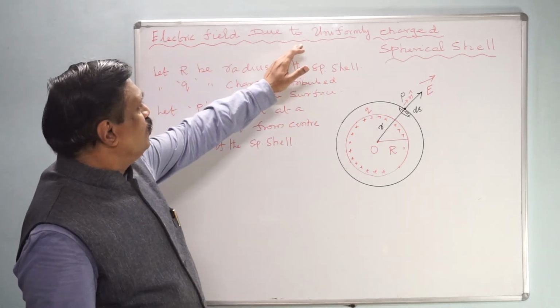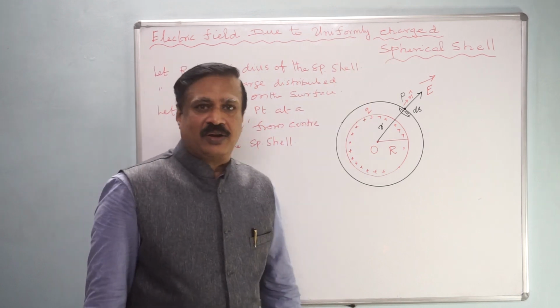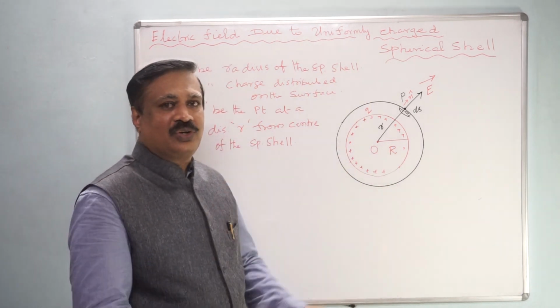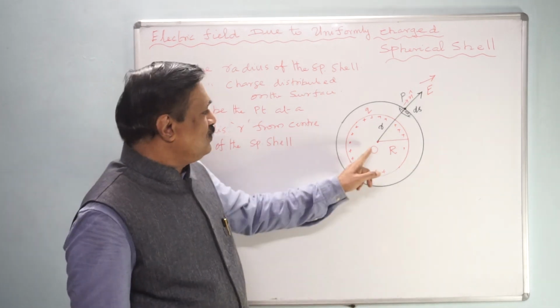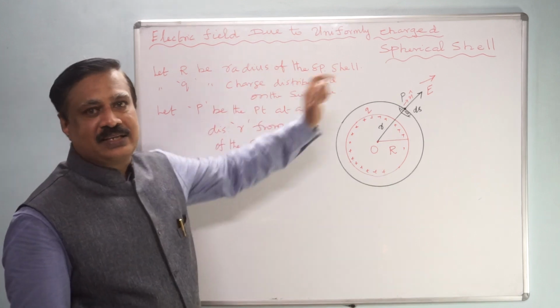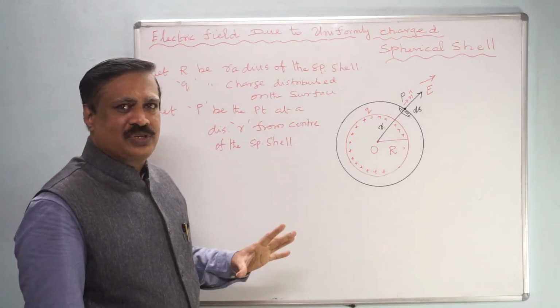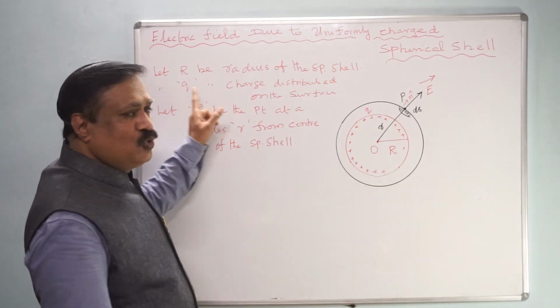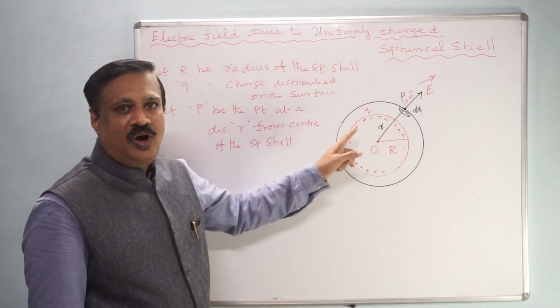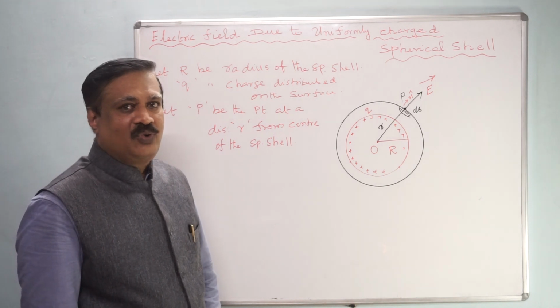Now see, a uniformly charged spherical shell. This red circle is the uniformly charged spherical shell and it has a radius R. Now how to write? Let R be the radius of the spherical shell, and let Q be the charge distributed on the surface of the given shell.